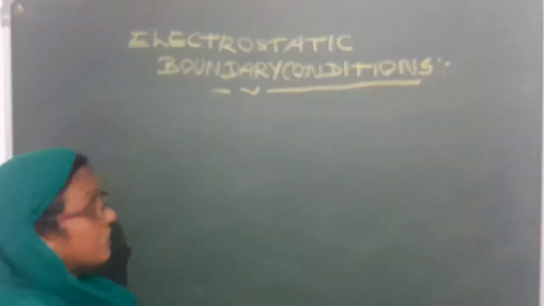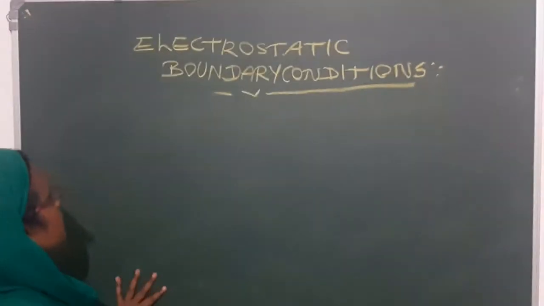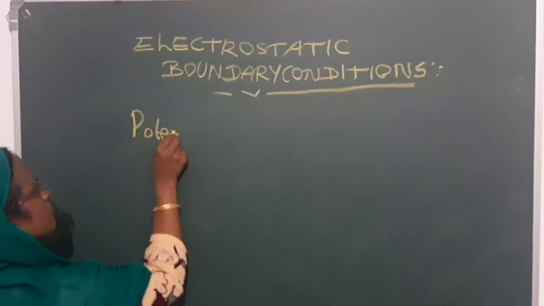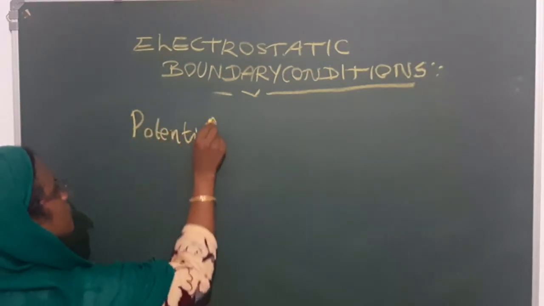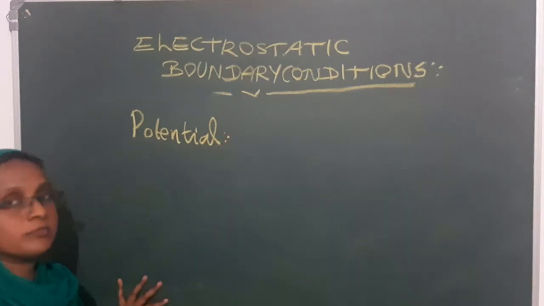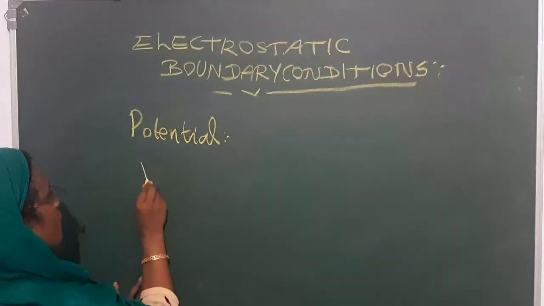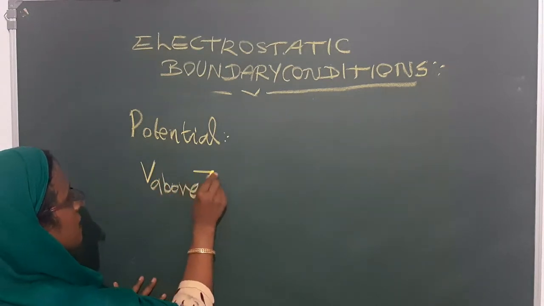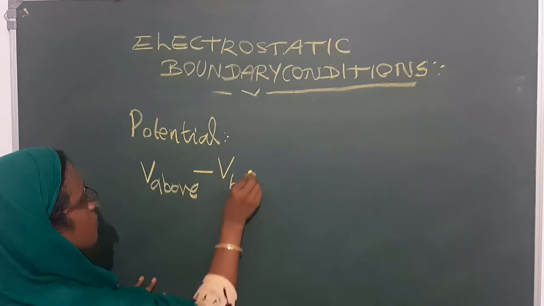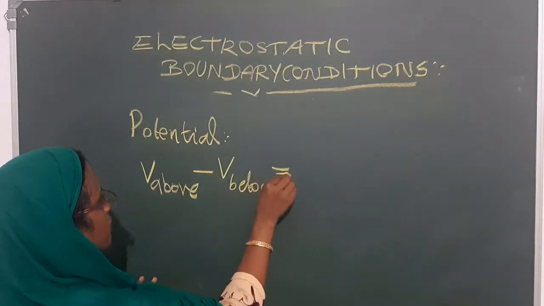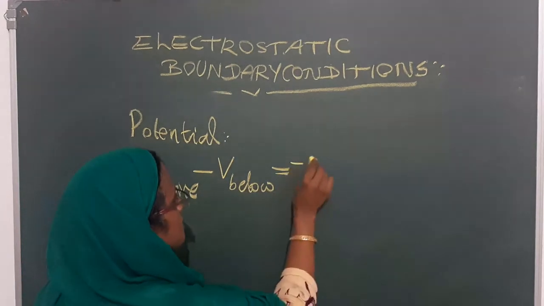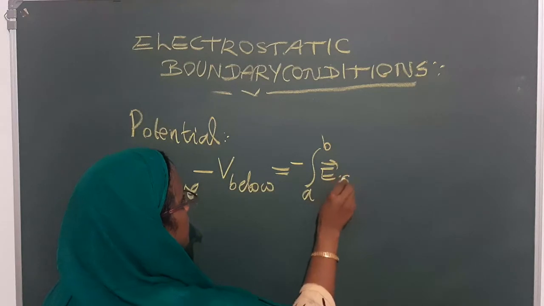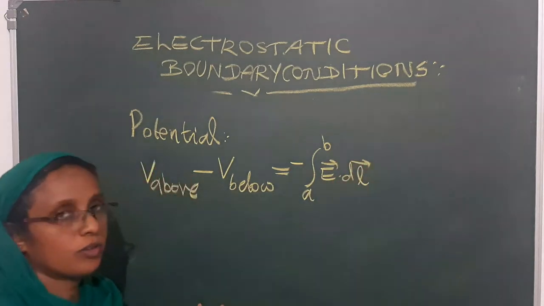We can check what happens to the potential at the boundary. Potential above minus potential below is equal to minus integral A to B of E dot dl.